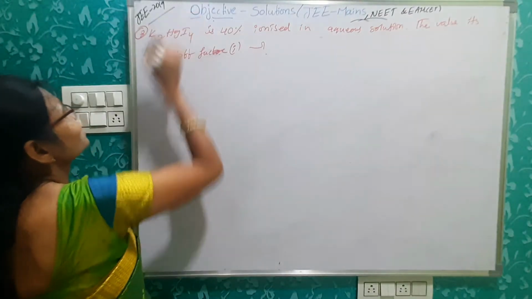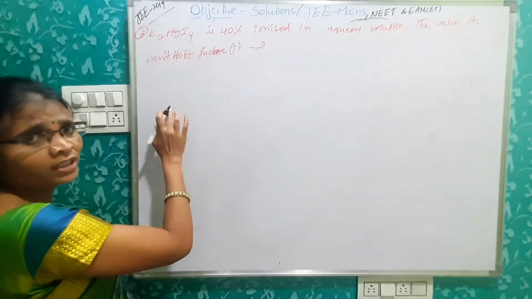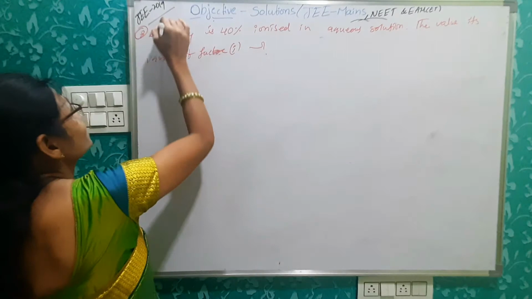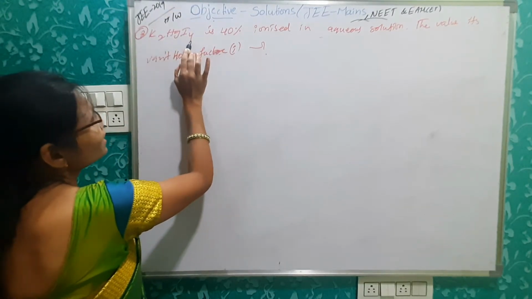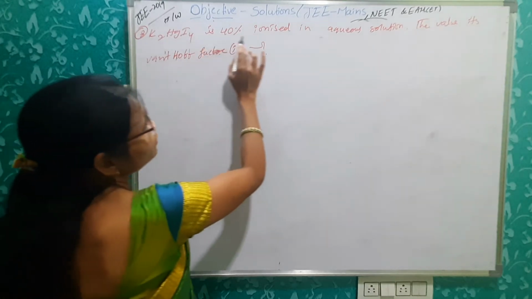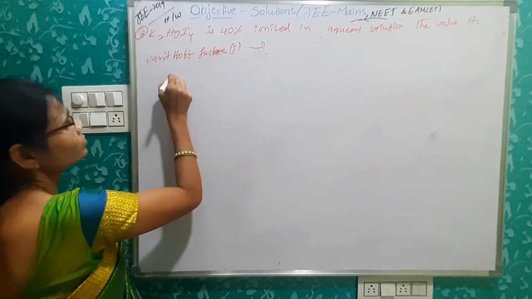Next problem, 8th one. This is also previous JEE 2019. It's a very simple problem. I will give you a hint. This is for homework. Potassium tetrahydromercurate is 40% ionized in aqueous solution. What is the value of its Van't Hoff factor?